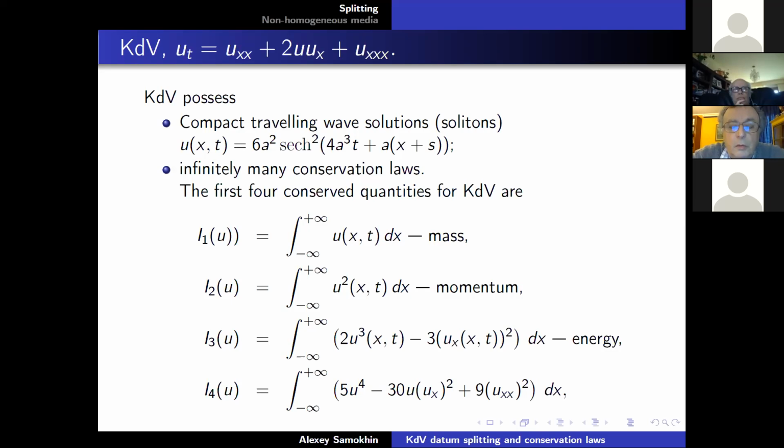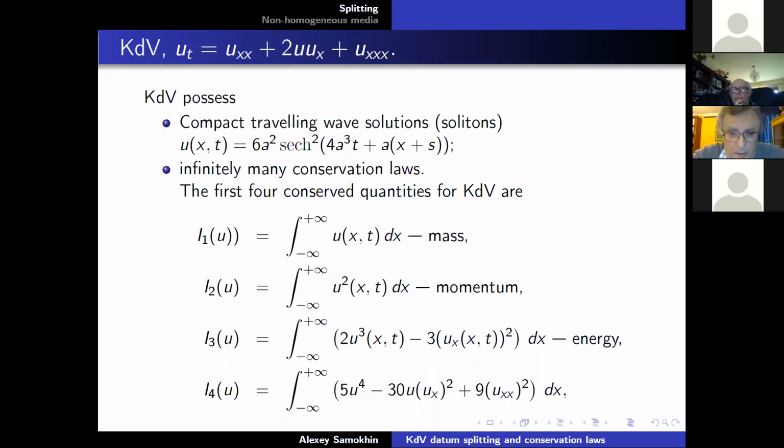The most prominent solutions of KdV are solitons. They are compact, they are traveling wave solutions. I will speak about how they behave, and this behavior will be described with conservation laws.